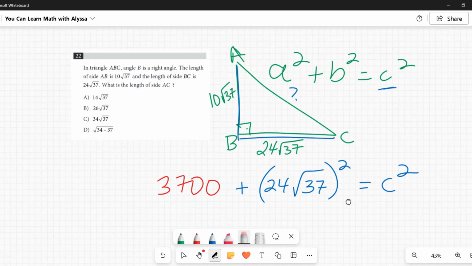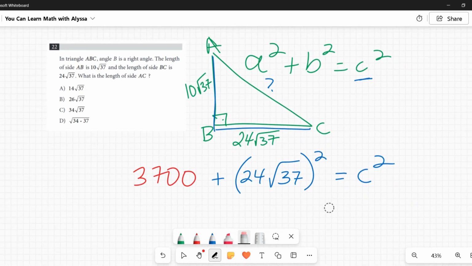Okay, on to our next one. We have 24 square root of 37 squared. Same exact thing applies. It is 24 times the square root of 37, and when we square it, we multiply it by itself. Then we can reorder those. I'm going to just swap these two locations.